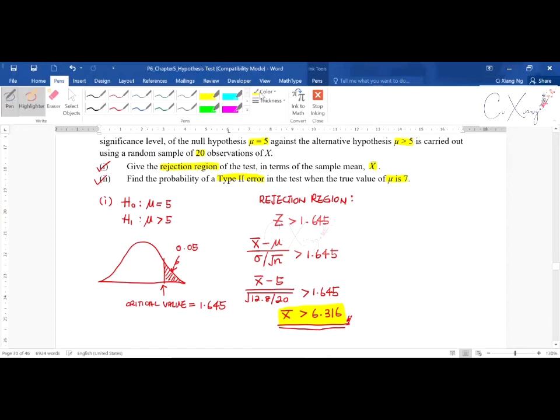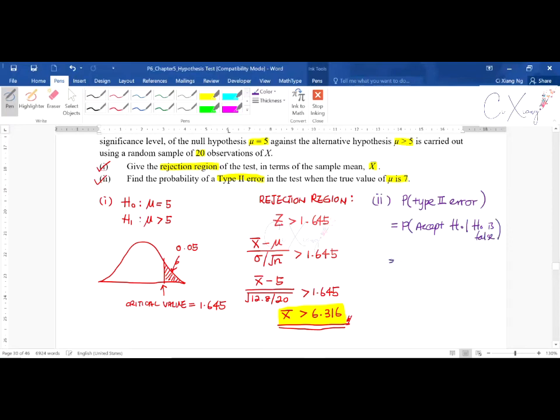when the value is 7. Okay, so now part number 2. We want to calculate the type 2 error. What's the type 2 error definition? You accept the null hypothesis when the null hypothesis is false.